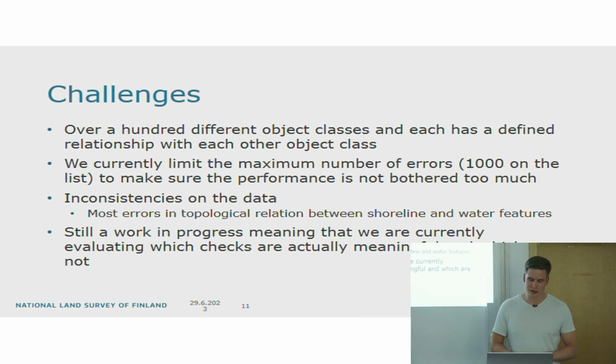But this might change soon, since most of the errors right now are from topological relations between shoreline and water features, and we need to kind of have a solution for combining those so that they follow the one line topologically, because there's a lot of these little 1 millimeter switches to these, so they flood the tool, so to speak. And yeah, it's still a work in progress, meaning that we are currently evaluating which checks are actually meaningful and which are not.